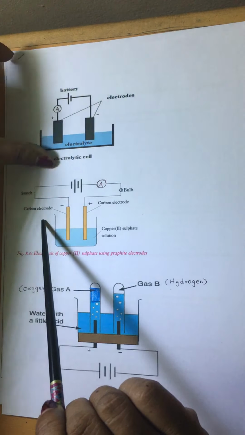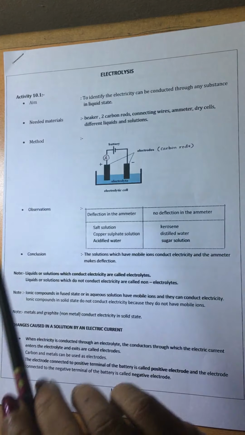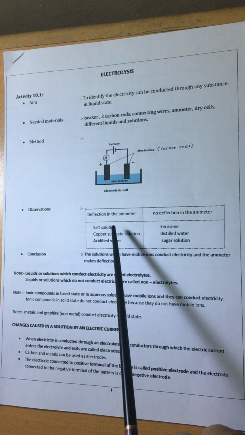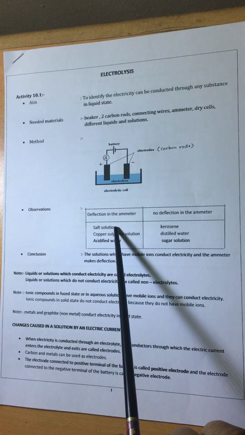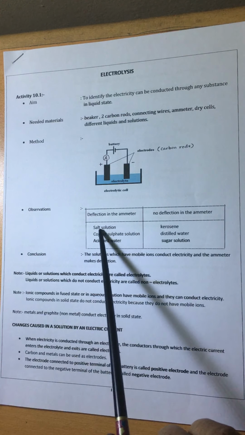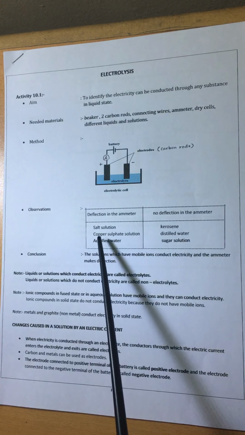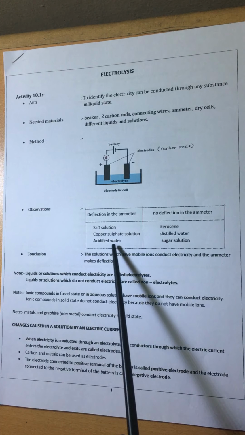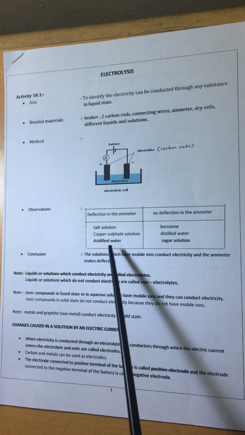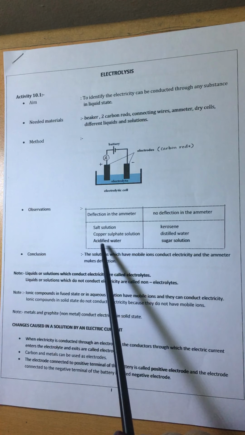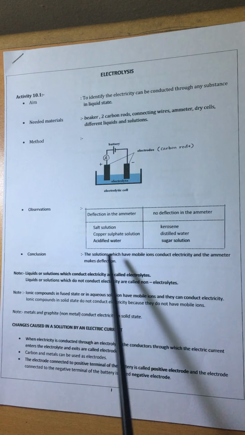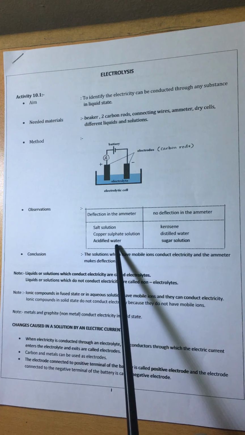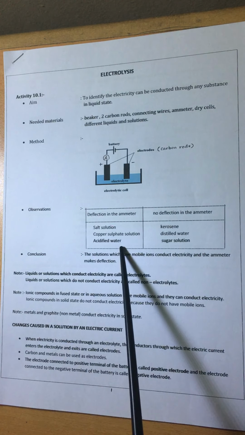So here there are some solutions they have given: salt solution, that is salt with water, and copper sulfate solution, that is copper sulfate with water. Acidified water means 2 or 3 drops of acid added to distilled water. Distilled water means pure water. 2 or 3 drops of acid you add to water, that is acidified water.